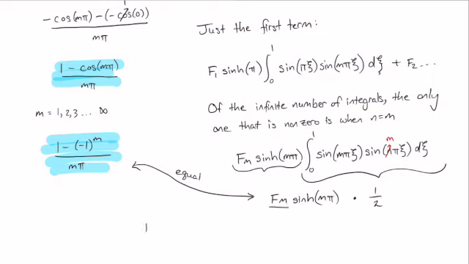Bringing down the left-hand side first, we'll set that equal to this term that contains the constant of integration. And then we just rearrange the equation to solve for fm.